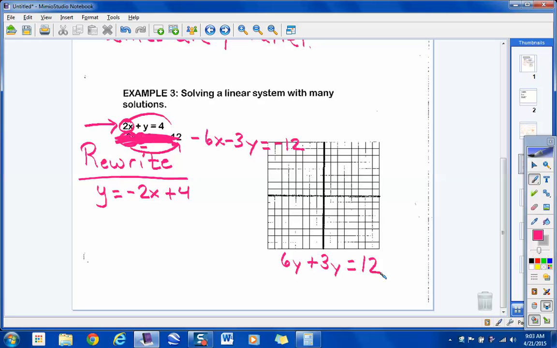So we have 3y equals negative 6x plus 12, right? So moving the positive 6x to the right would make it negative, right? Okay. I'm making sure everybody's back on the straight and narrow. Everybody on my road right now?